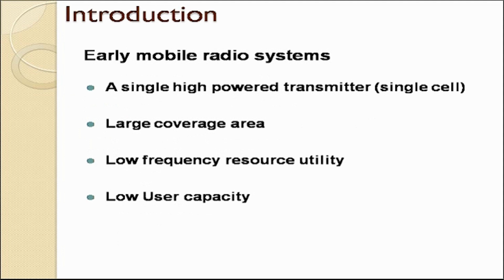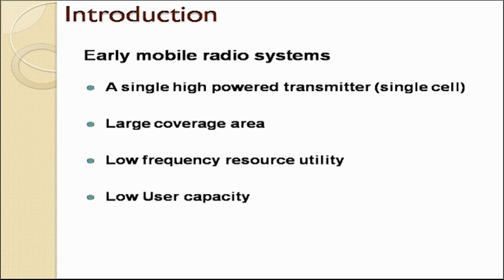Introduction. Before entering into the cellular concept, let us see about the classical use of mobile radio systems. The design objective of early mobile radio systems was to achieve a large coverage area by using a single high power transmitter with an antenna mounted on a tall tower.